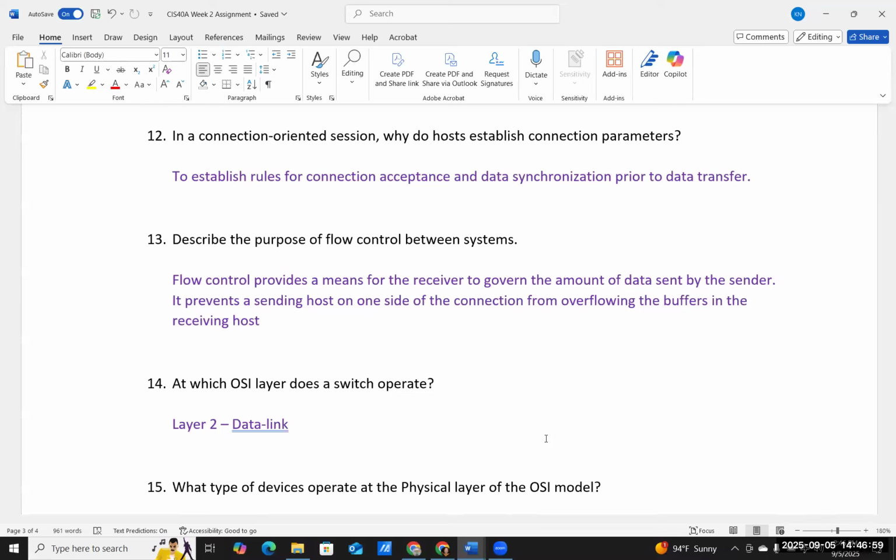So if I send data from this system to this system, what the switch does is keep a record of it. System A has a MAC address, this, and system B has another address. If I keep sending back and forth continuously, it just goes to the table, which is stored on RAM, so it can quickly look it up.